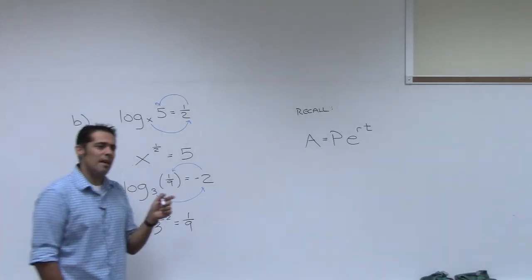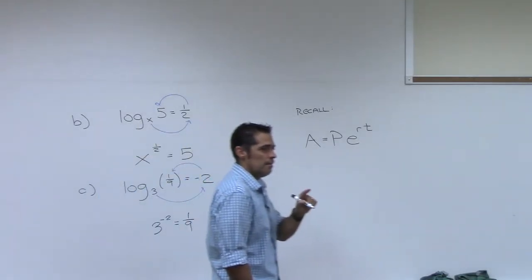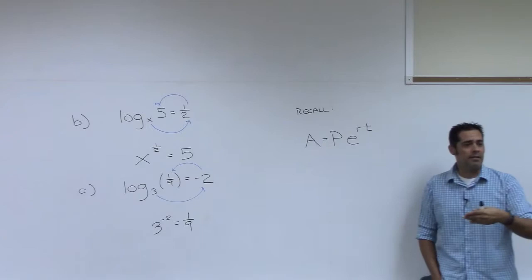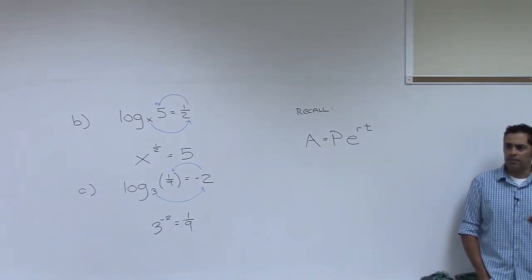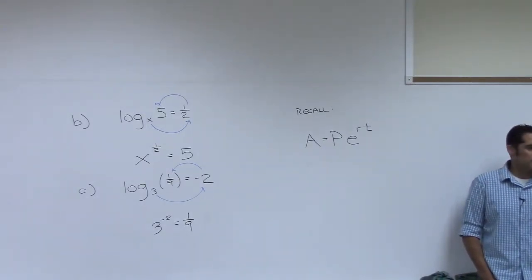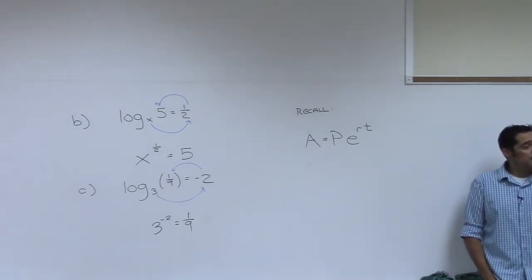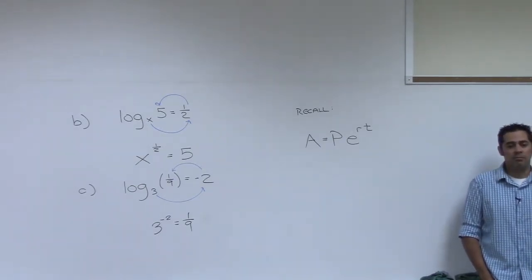What if instead I ask this question? You would like to have $5,000 in the bank in 4 years. The interest rate is 3%. How much do you need to put into the bank now?